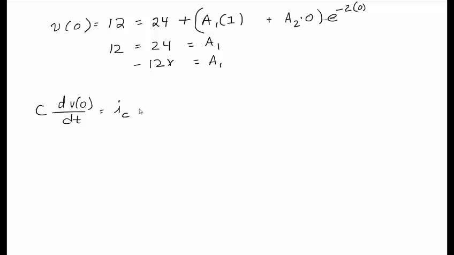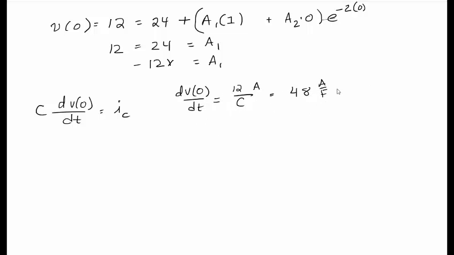We found that the current at time 0 was 12 amps, so dV at 0 over dt equals 12 amps divided by C. And the value of C, oh, it was a quarter farad, right? Yes, it was a 1/4 farad. So it's 48 amps per farad right there.